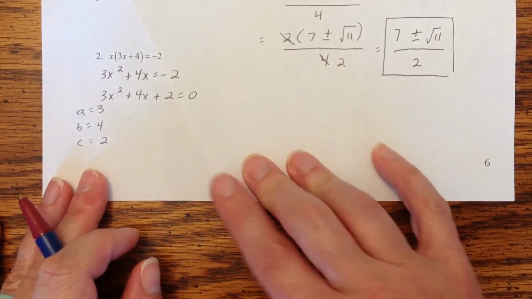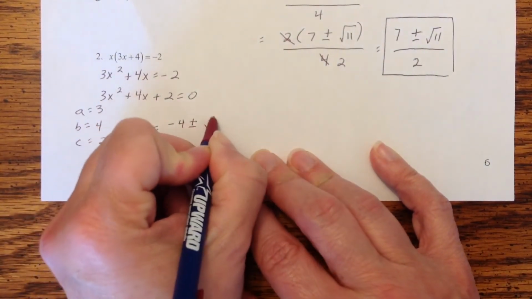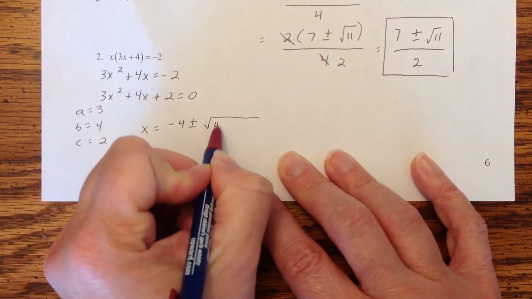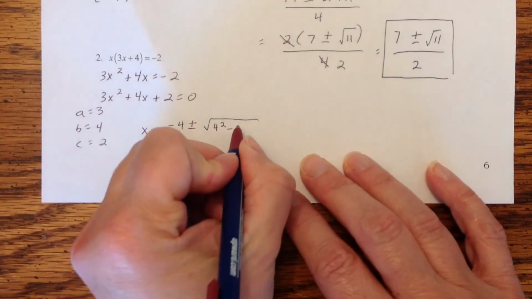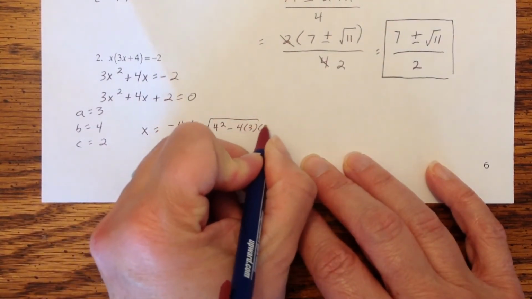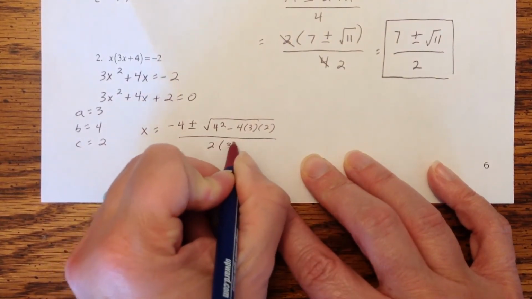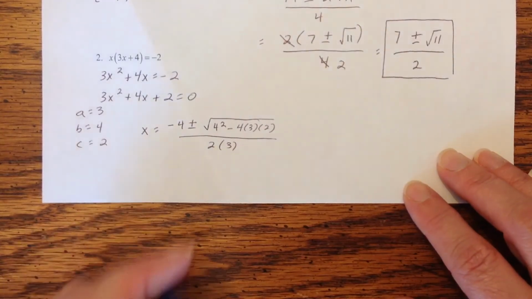So now you have x equals negative 4 plus or minus the square root of 4 squared minus 4 times 3 times 2, all over 2 times a. So now you're going to do some cleanup work.